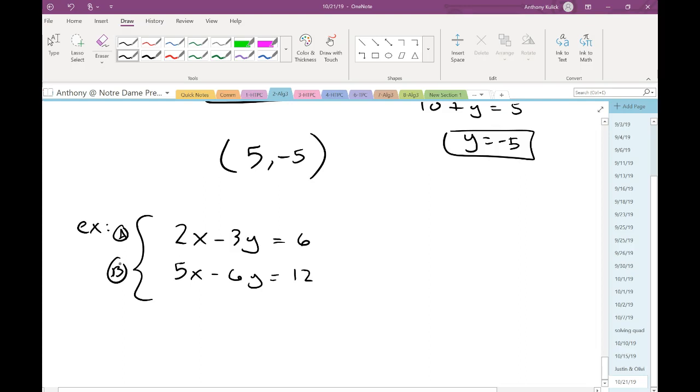Okay. So let's say we have 2x minus 3y equals 6, and then 5x minus 6y equals 12. My goal here is to add a multiple of the two equations together so that we eliminate one variable or the other.